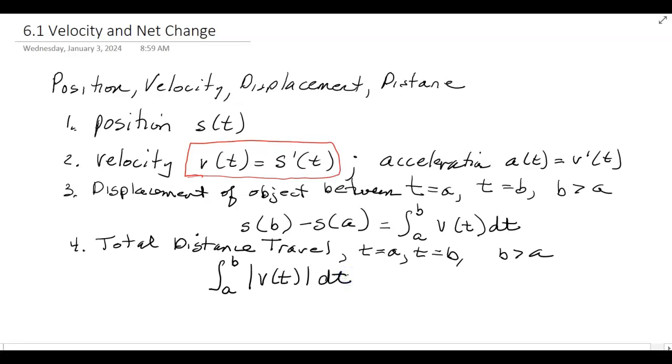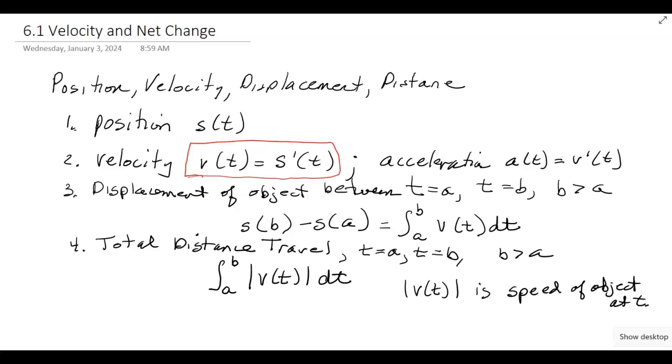Total distance traveled is always a positive value. Okay? In the same respect, the absolute value of the velocity is the speed, because like total distance traveled, speed is also always positive, at some specific time t. So these relationships are pretty important, and we can solve a lot of different types of problems with them.